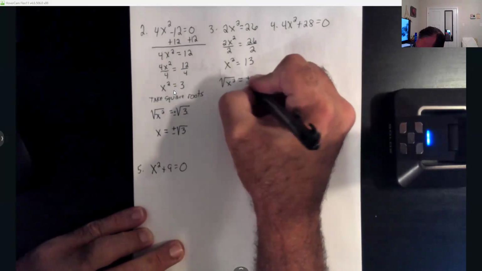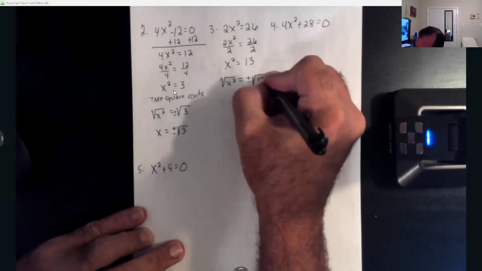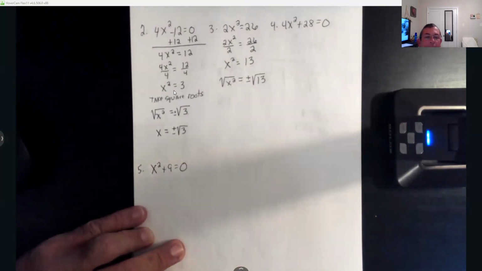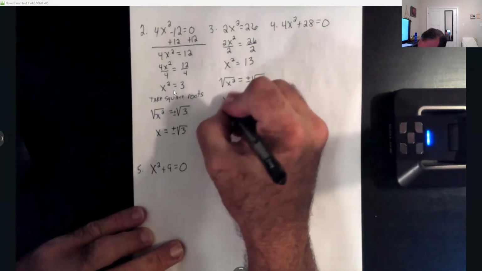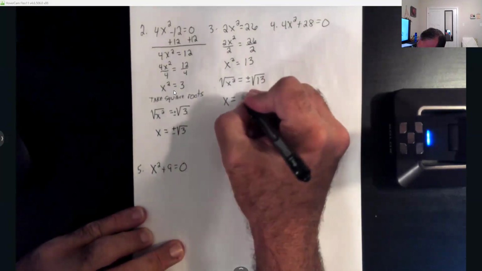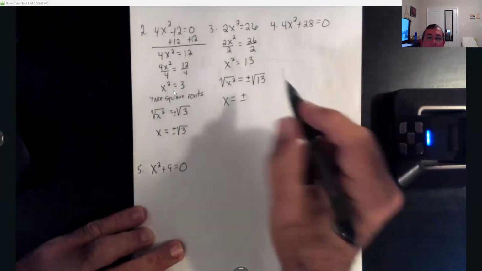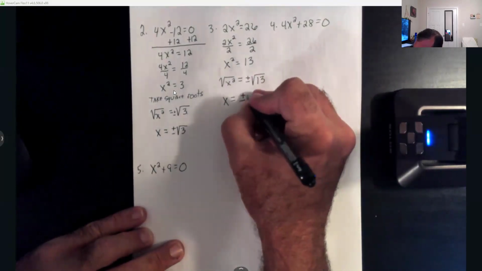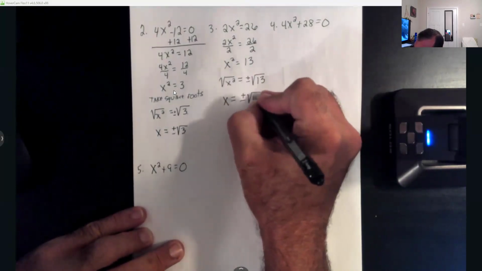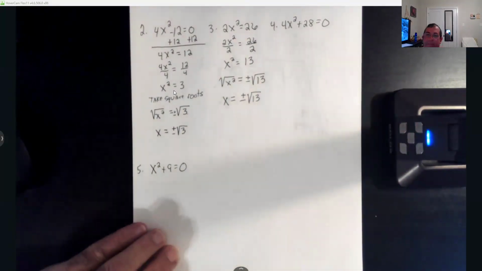You're doing a number over here, so you're going to use your plus or minus. And y'all look here, the exponent cancels the radical, leaving my x equals a plus or minus. And y'all, we can't simplify that square root of 13. So that's just going to stay a plus or minus square root of 13.